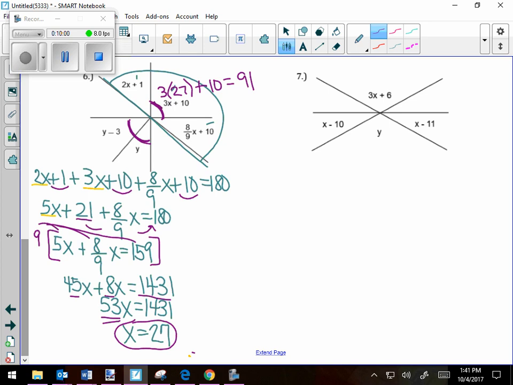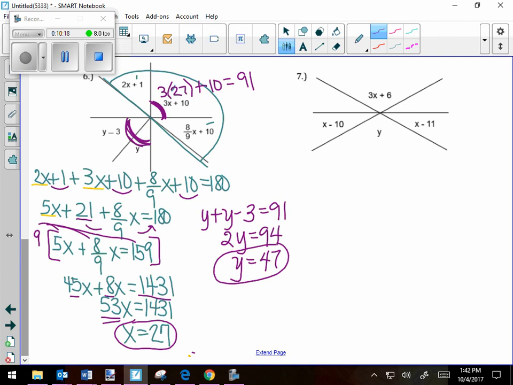If this angle is 91 degrees, then these two must equal 91 degrees. So my equation becomes y plus y minus 3 equals 91. 2y equals 94. And y then, when I divide, is 47. The x and y could be found separately. We did not have one dependent on the other.